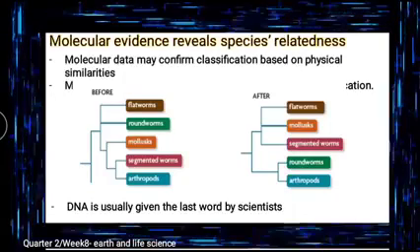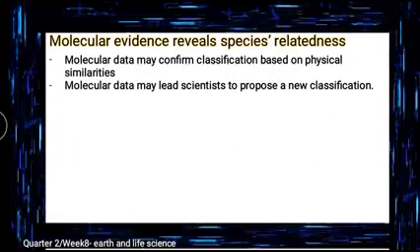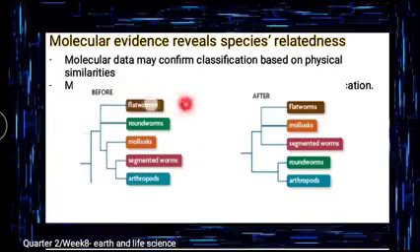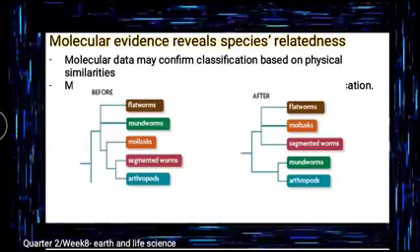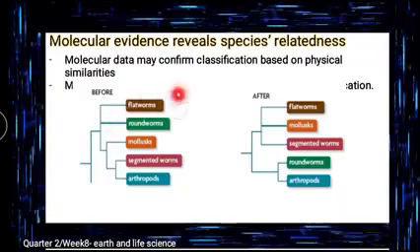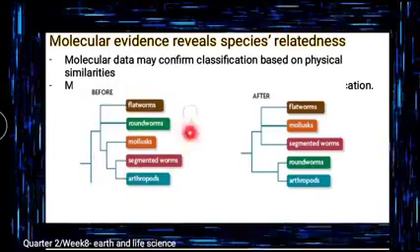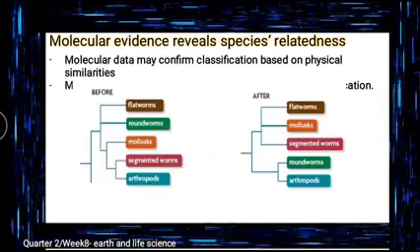So, this before is showing a cladogram of the different types of worms based on what they look like. In this part: flatworms, roundworms, mollusks, segmented worms, and arthropods.